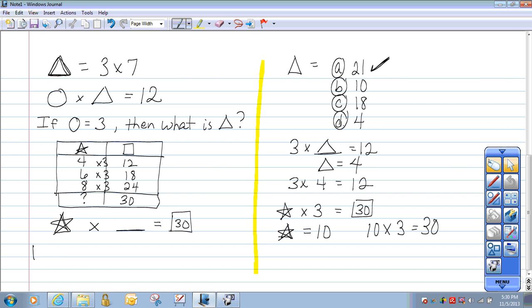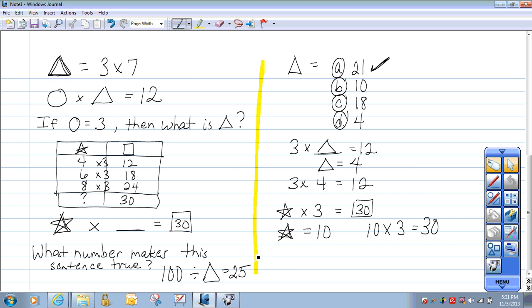Another way to look at a problem would be, what number makes this sentence true? This is one of those problems you'll see pretty often on the test. Let's say we have 100 divided by some number is equal to 25.